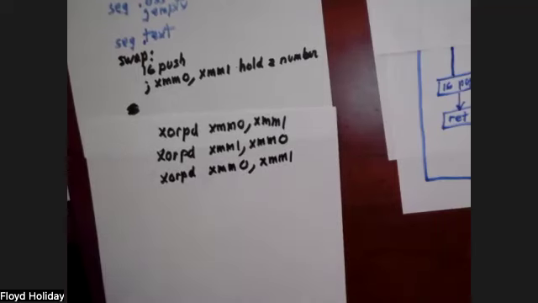Okay, we're done. The amazing thing is XOR can swap two numbers without using a third temporary place. It can just do it with itself.